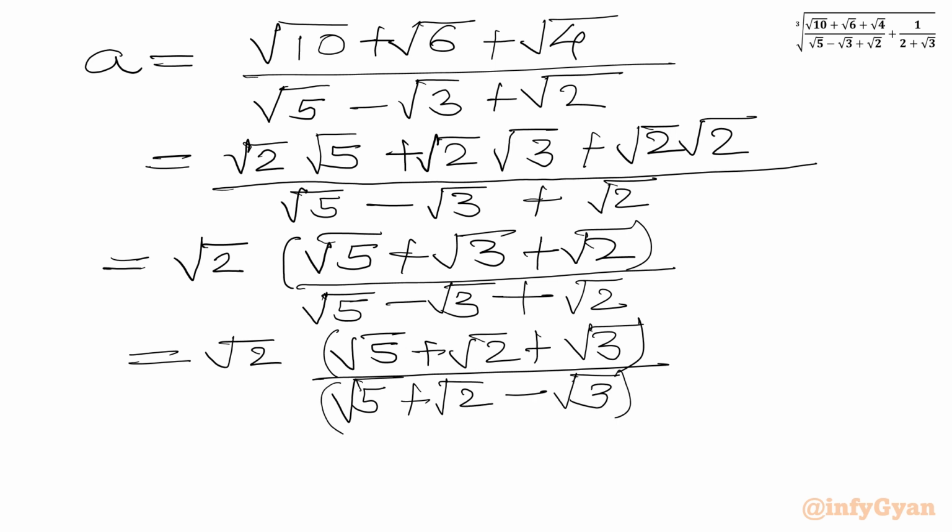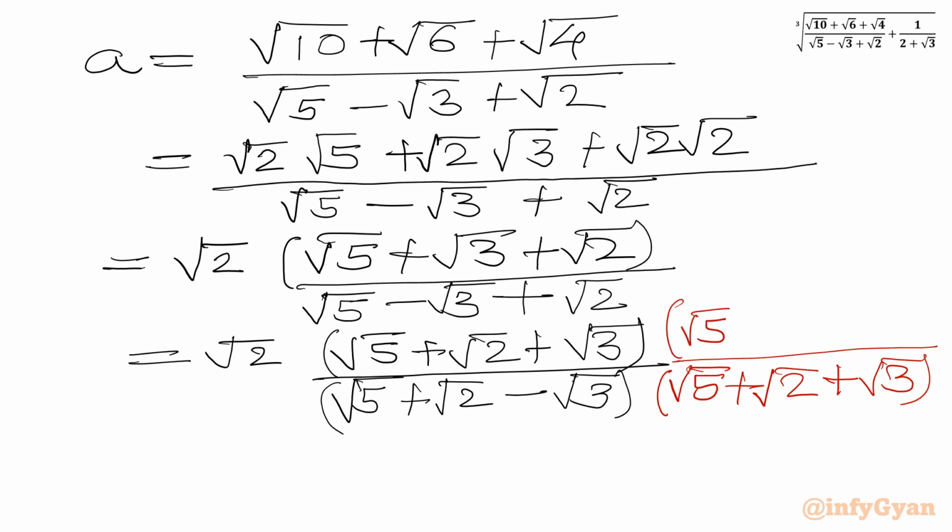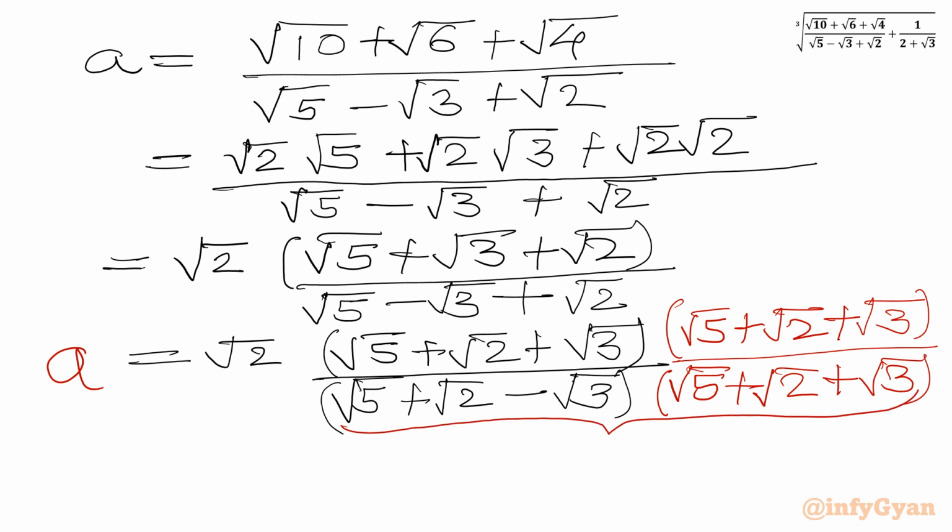Now we will use rationalization again. So here we need to multiply by root 5 plus root 2 plus root 3 in the denominator, and so in the numerator, root 5 plus root 2 plus root 3. This is our A. Now the denominator is (a plus b)(a minus b).